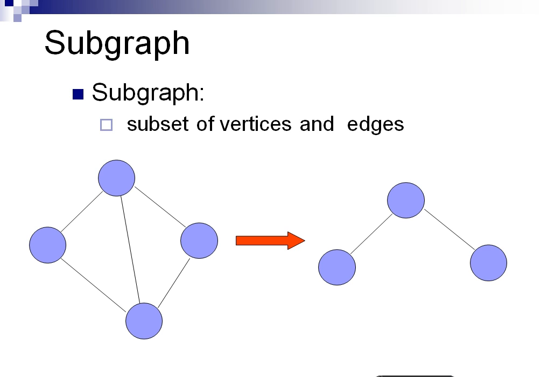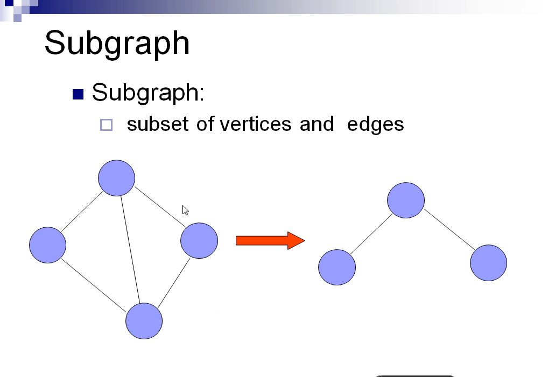Now let us see what a subgraph is. Now a graph, we have a better understanding about it, whereas a subgraph is a subset of vertices and edges. See here, this figure gives you a better understanding. We have a graph that has 4 vertices, and here we have 5 edges.